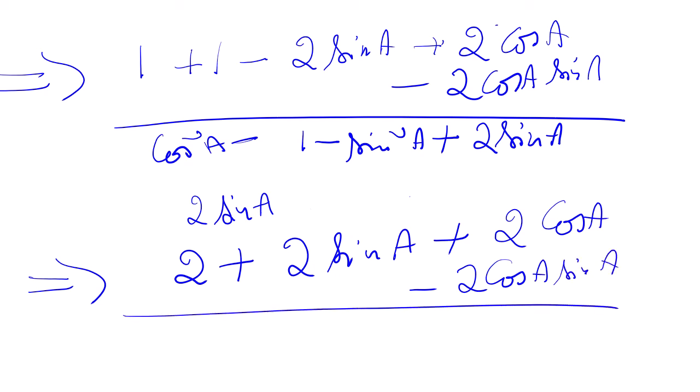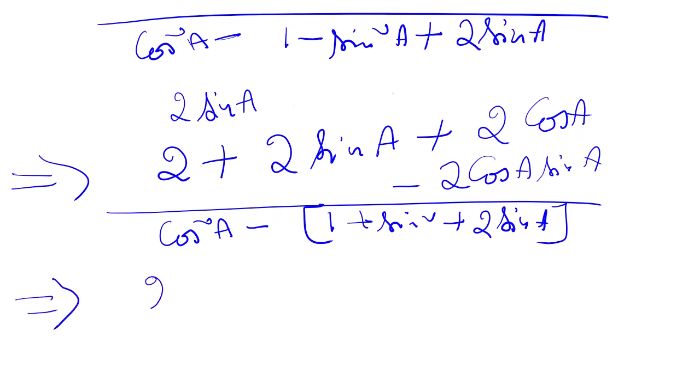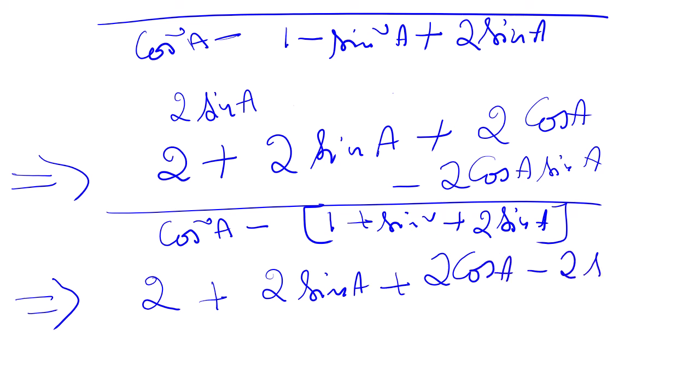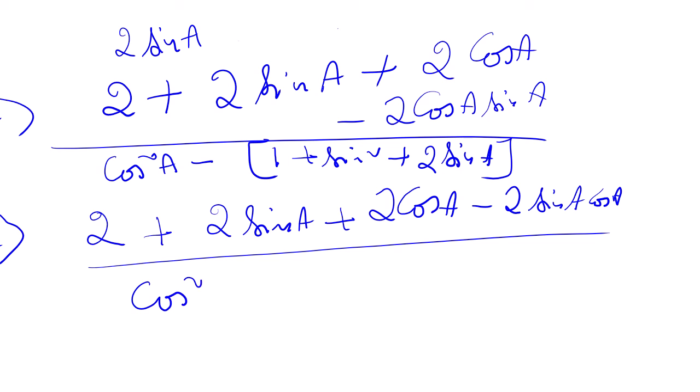Okay, upon here you will get cos square A minus, if you take out common, it will become 1 plus sin square A plus 2 sin A. Okay, so this will become 2 plus 2 sin A plus 2 cos A minus 2 sin A cos A upon cos square A minus 1 plus sin A whole square, isn't it?